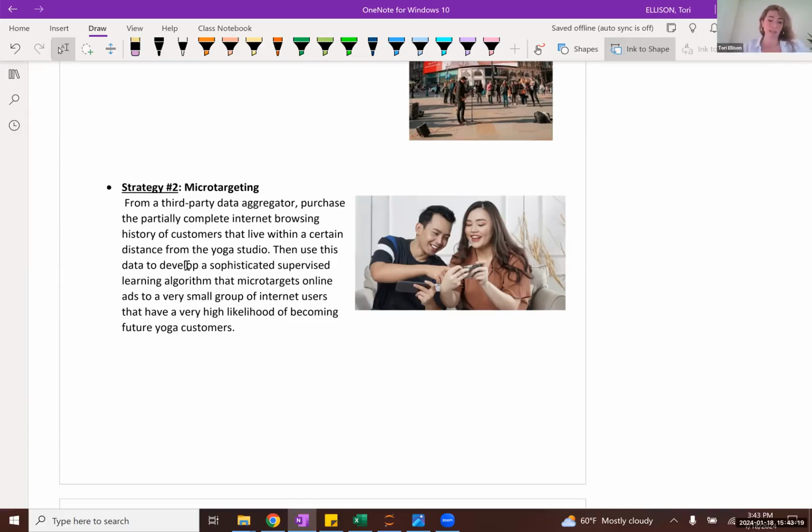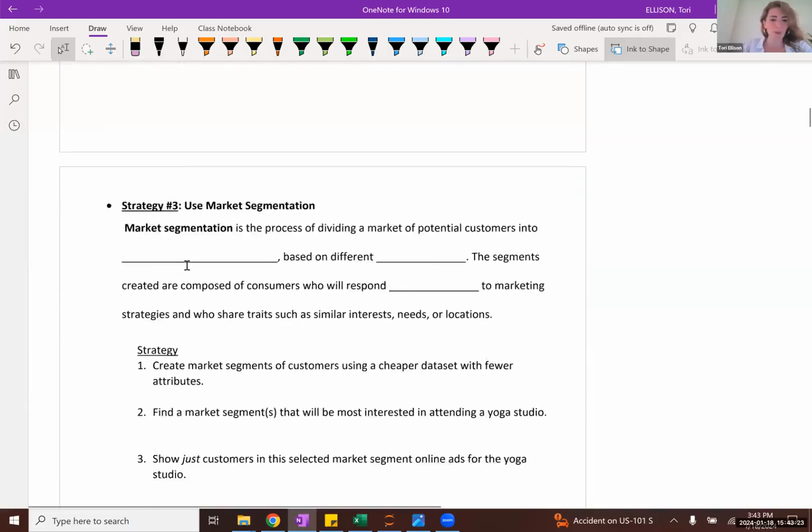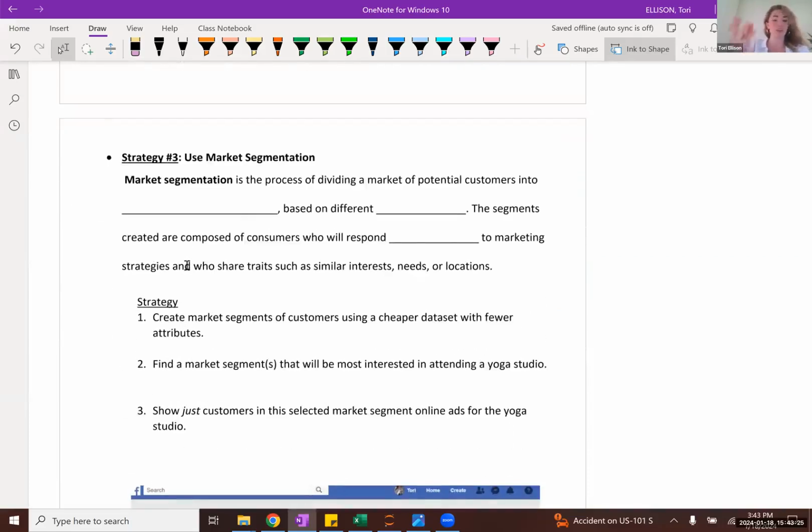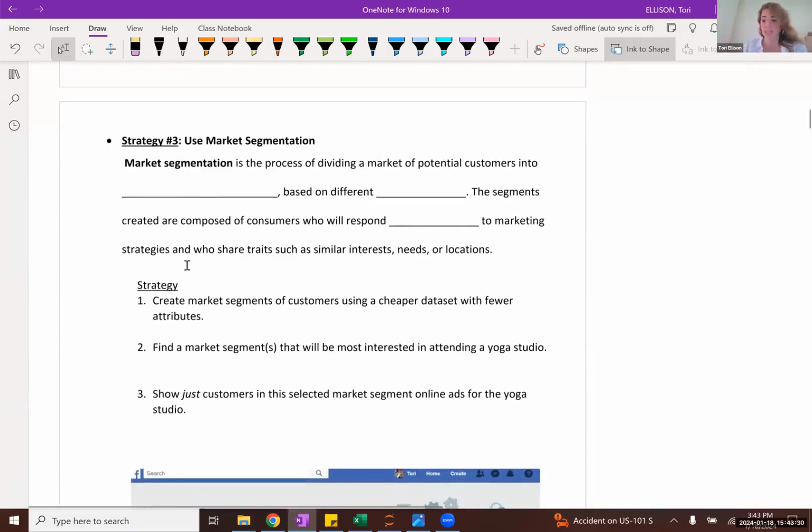So unfortunately, micro-targeting was also off the table for my friend. So we went from a very broad marketing strategy to a very individualistic one. What would end up being most cost effective for my friend, or other people who don't have that kind of money, is a middle ground solution.